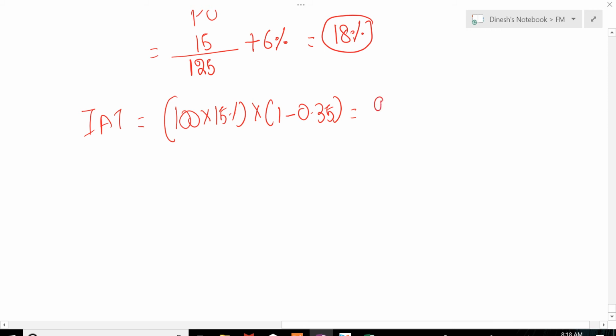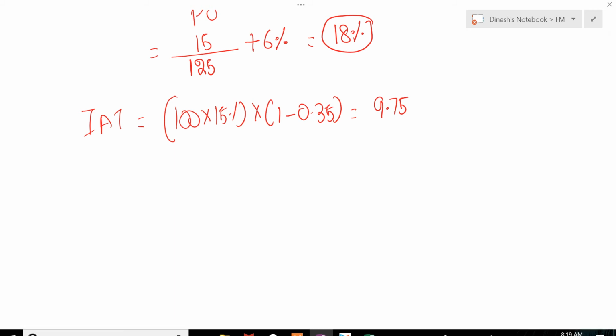You get interest after taxes 9.75. Any doubts on 9.75? Clear? Can we proceed? Now for average other costs, I need redemption value and net proceeds. Net proceeds is going to be a challenge here. So let's calculate that and then we apply in the formula.